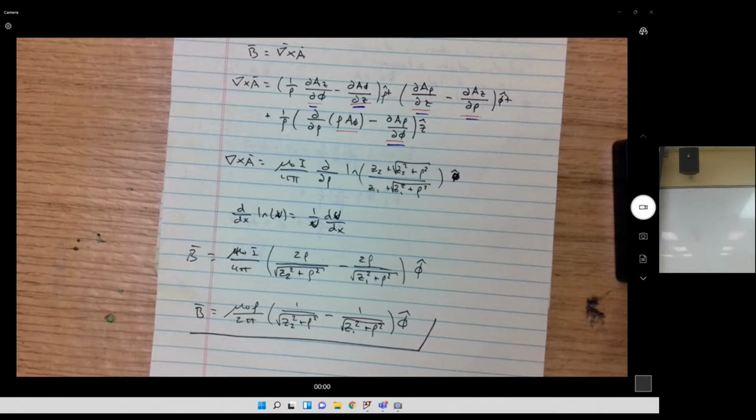This one depends on rho, right? Yeah, that's right, but not z. This one doesn't depend on z, only depends on k and rho. Okay, so it's just that, the z.